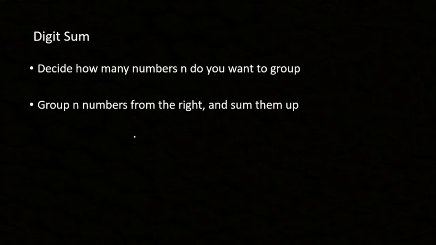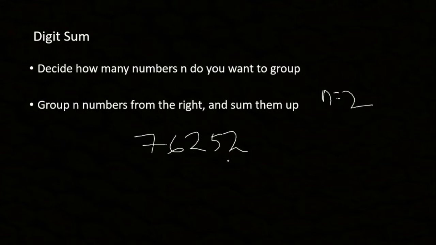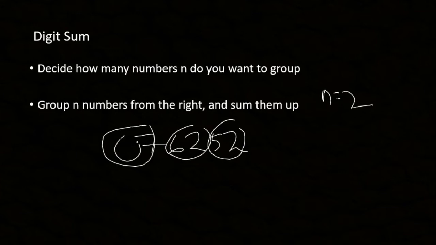Let's take a number, 76,252, for instance, and our n will be 2. So what do I do? I group 2 numbers, 2 by 2, from the right. So 2 numbers here, 2 numbers here, and if there's no 2 numbers here, I can add a 0, and I sum them up.